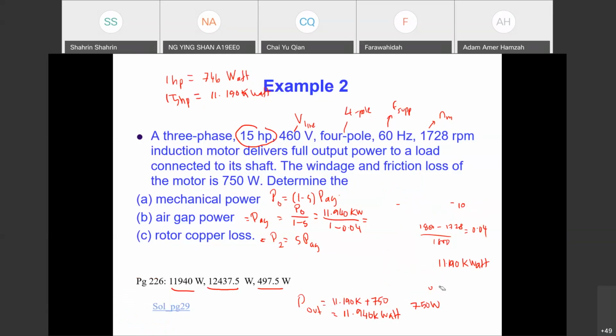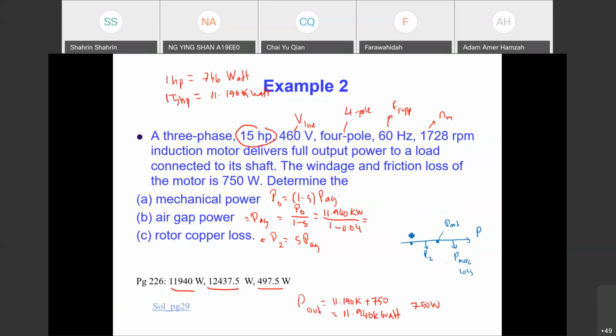So in terms of the power flow, this one is your P mechanical, P mech losses. This one is your P out. And from the P out here, you will have P rotor losses, P2.